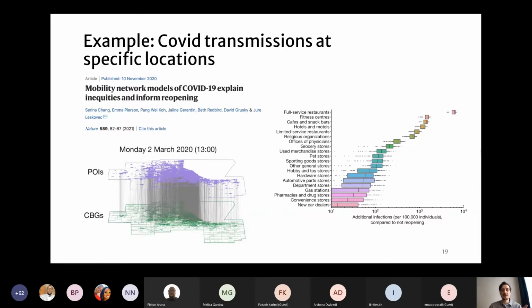And if you have such a high resolution mobility network, you can even say things like, where do infections take place? And in the study, for example, they found out that most infections take place in restaurants, fitness centers, cafes, and so on. And this information is, of course, immensely helpful to policymakers when they're thinking about limiting mobility or limiting the occupancy in certain types of locations.